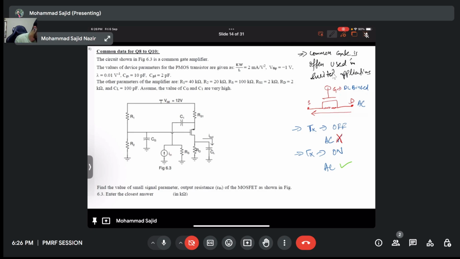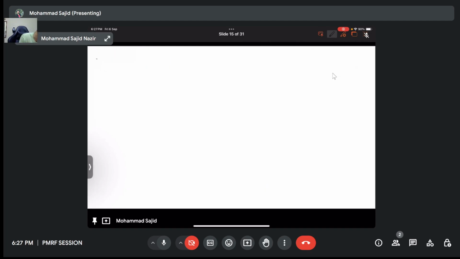So what we need to do is find the value of the small signal parameter, output resistance RDS, or R naught.